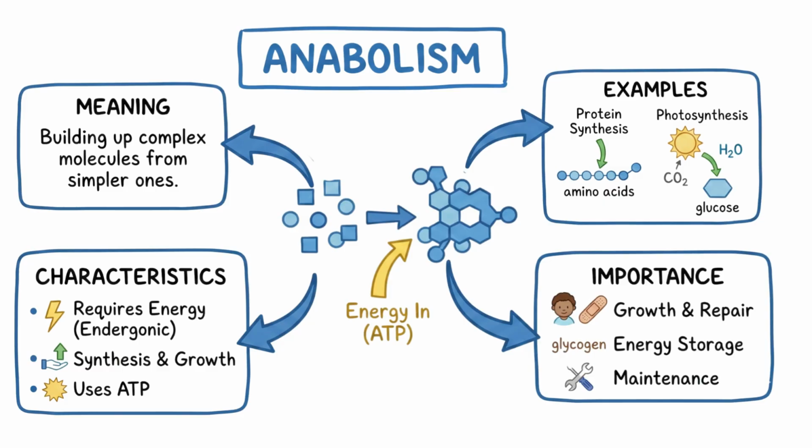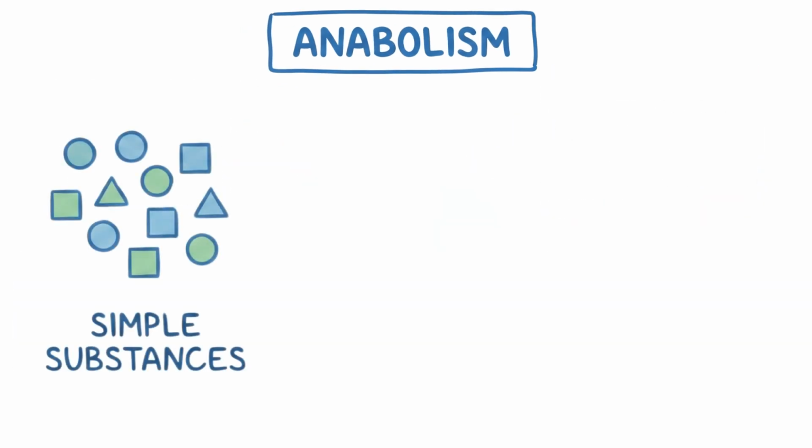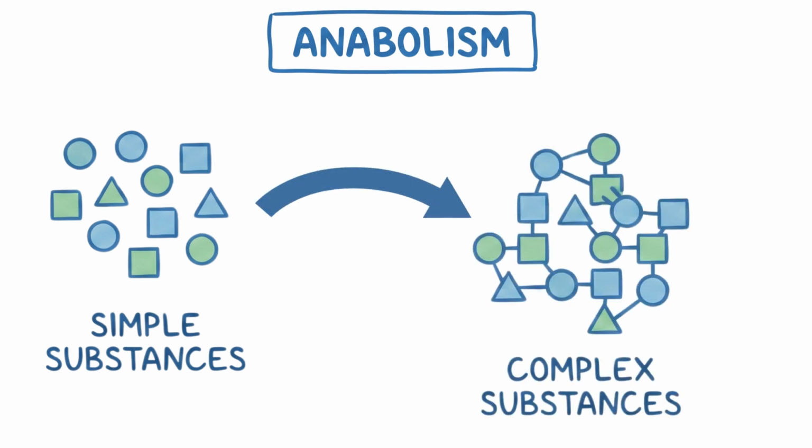So, what is anabolism? Anabolism is the process by which simple substances are built up into more complex substances using energy. This energy is usually in the form of ATP, that is adenosine triphosphate.